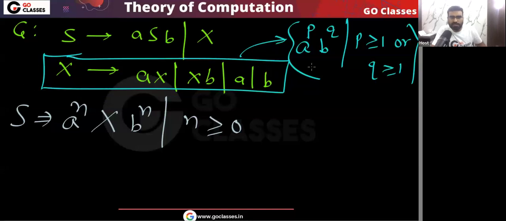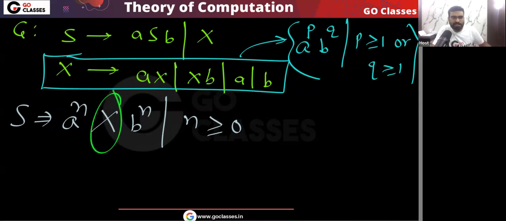What this X will generate is a power p, b power q, any number of a followed by any number of b, but here at least one a or at least one b should be there. And what this S will generate is any number of a, X, any number of b, sorry, equal number of a, equal number of b, basically a power n X b power n, where n is greater than equal to 0.